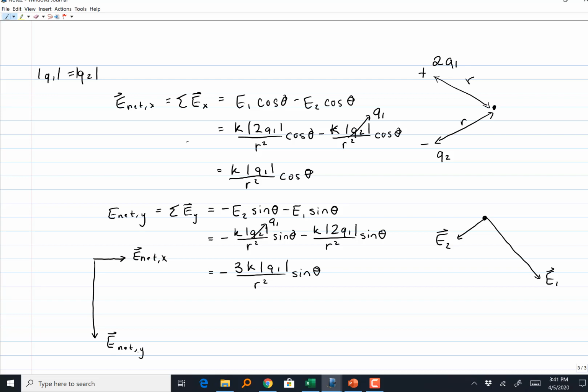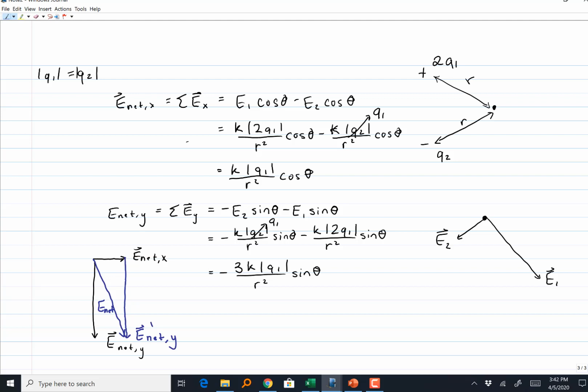So I can use that head to tail summation to find my net electric field vector. So I can start drawing my net electric field in the y direction from the head of the net electric field in the x direction. And then my net electric field will go from the tail of the x direction to the head of my y direction.